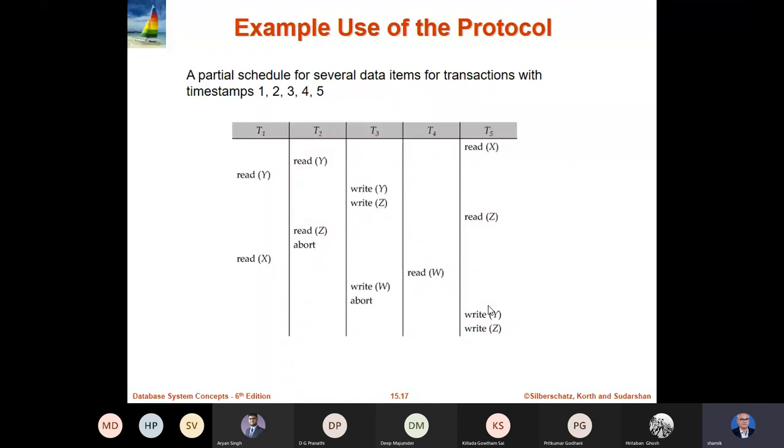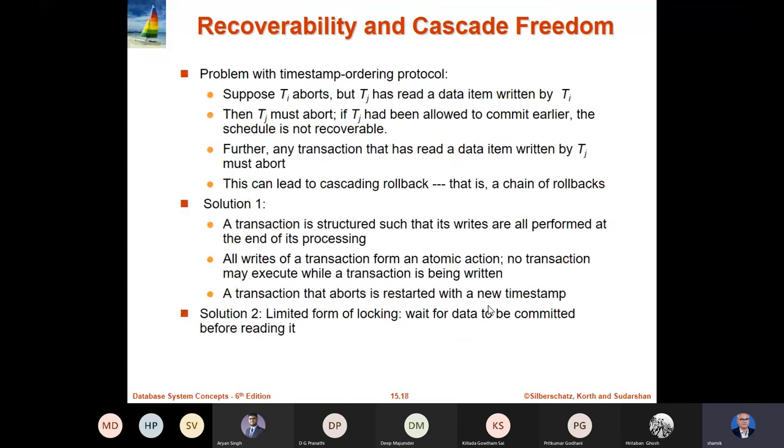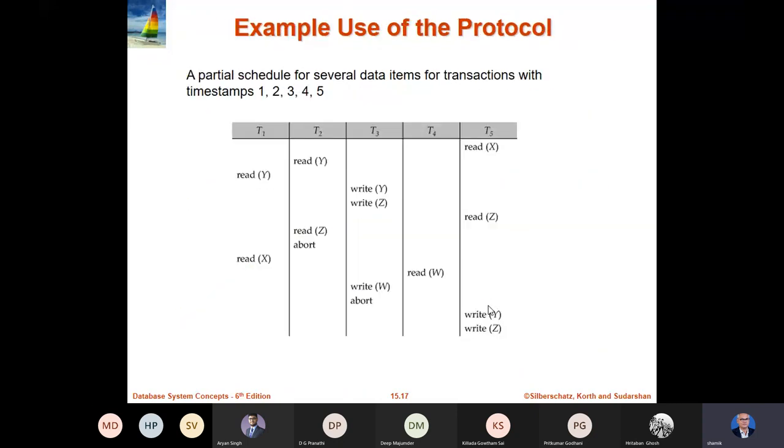Now T3 is trying to write Q. When T3 is writing Q, it is okay because T1 and T2 read Q and their timestamps are before that of T3, so it is okay to write Y by T3 and write Z by T3.